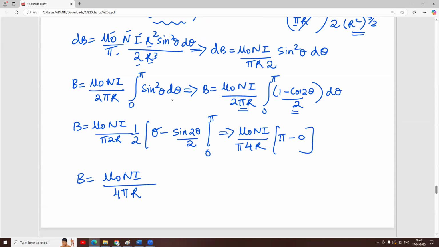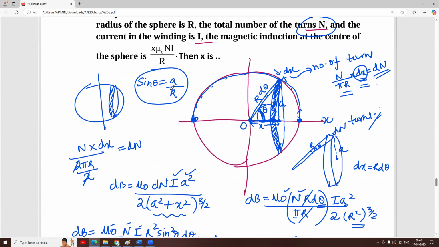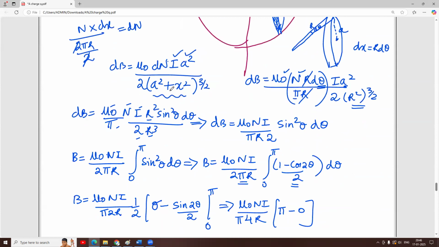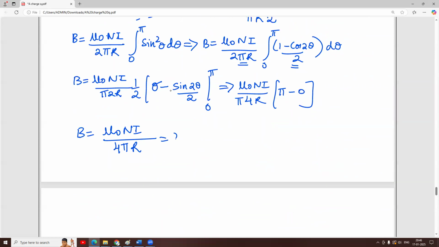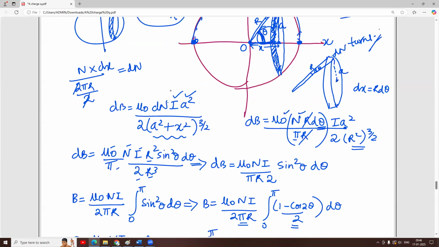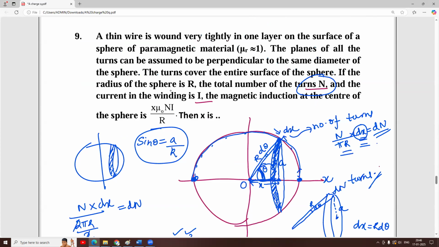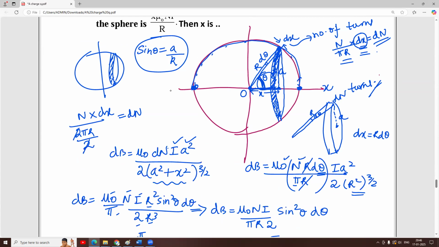I think only 1 by 4 is there. What is that? Yes, some constant x into mu naught N I by r. Then where is pi? Okay, one minute.